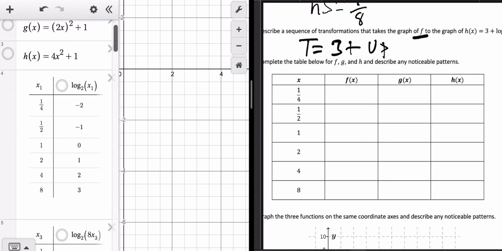So f was just our original log base 2. g of x was log base 2 of 8x. And then this is 3 plus log base 2 of x. I guess I need to put that there.